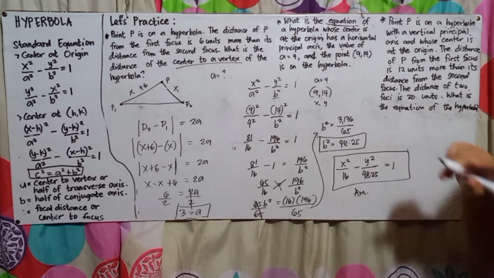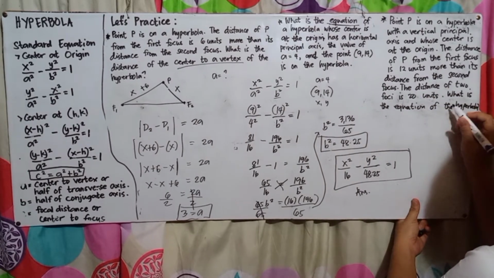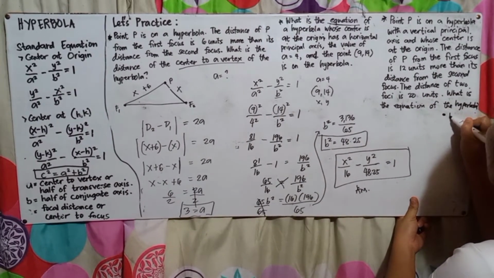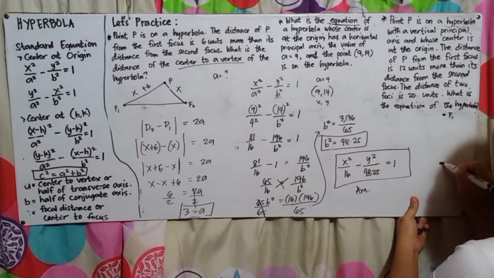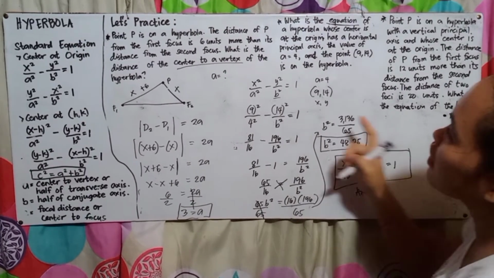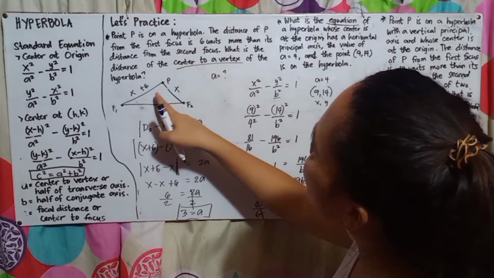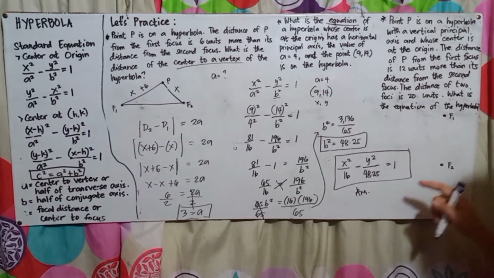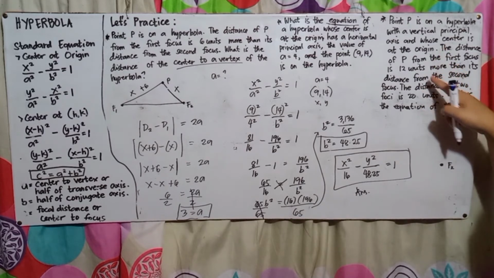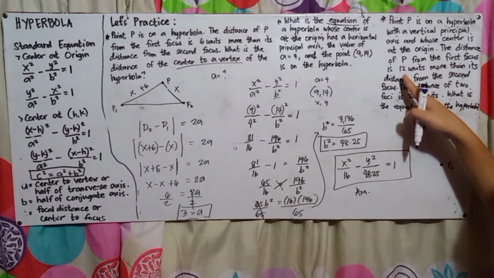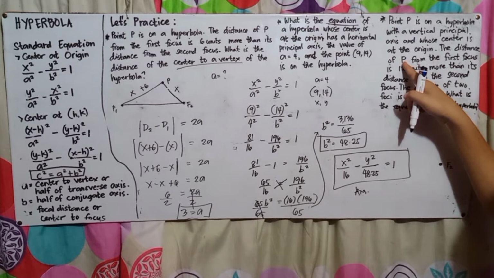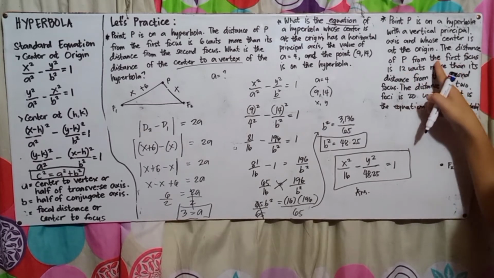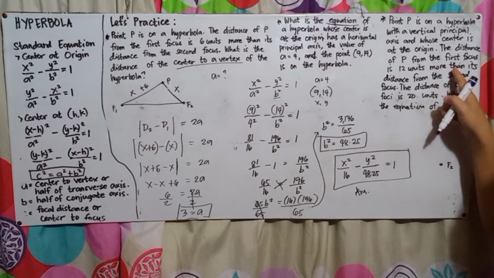Since it is vertical, the foci are located along the vertical axis, unlike the horizontal case, so the formation is different. Point P is on the hyperbola, and its distance from the first focus is 12 units more than its distance from the second.